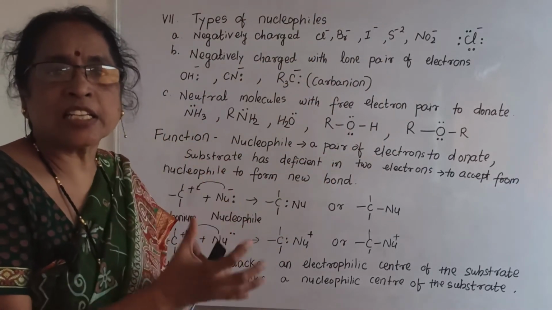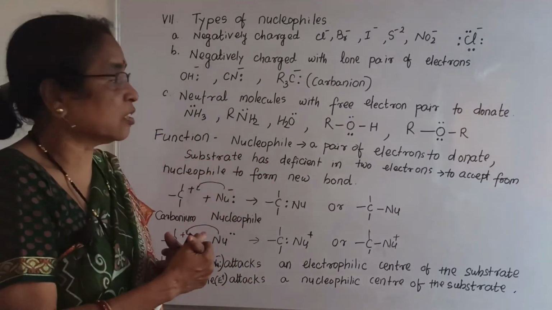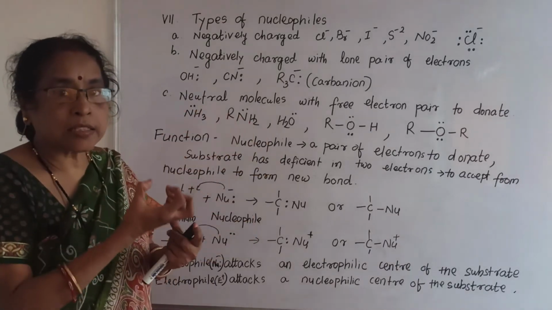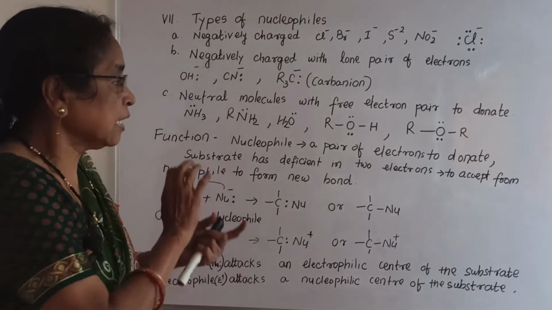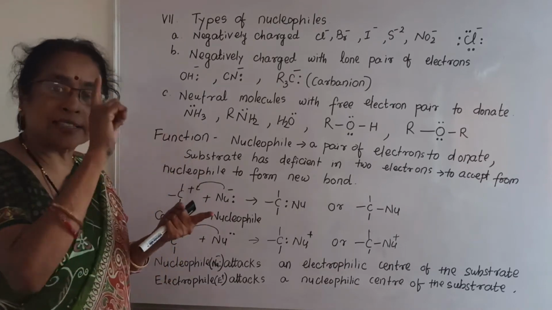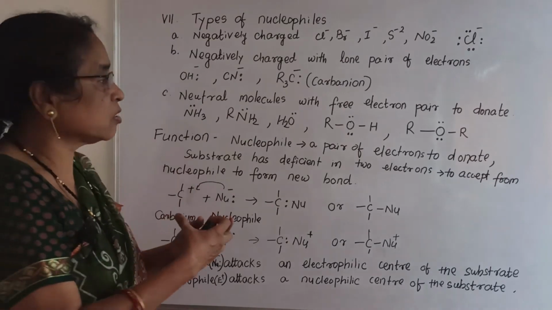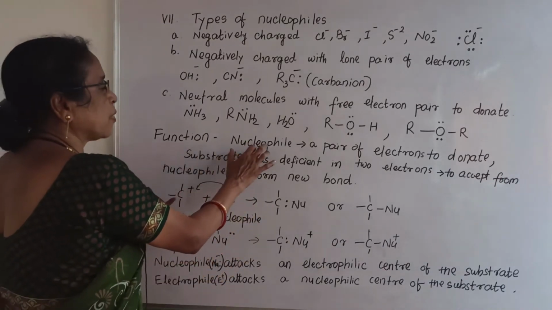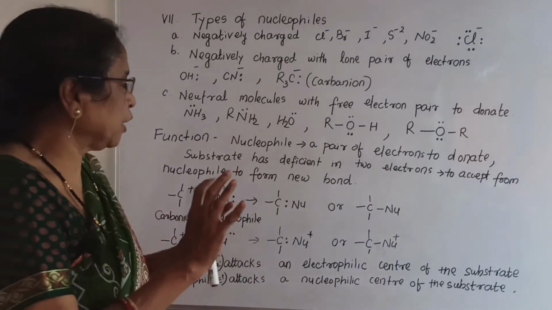Then what is the nature of the substrate? The substrate is deficient in 2 electrons, and only then does it accept electrons from the nucleophile to form a new bond. That means the substrate is deficient of 2 electrons to accept a pair of electrons from the nucleophile, and after that it can form a new bond.